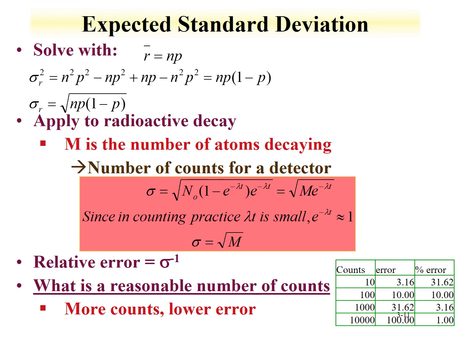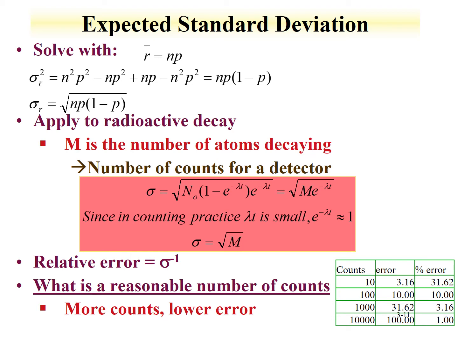So continuing with the expected standard deviation, the average number of counts is equal to the number times the probability. This gets expanded, and the square of the standard deviation is equal to NP times 1 minus P. So the standard deviation is the square root of NP times 1 minus P, and we apply that to radioactive decay.